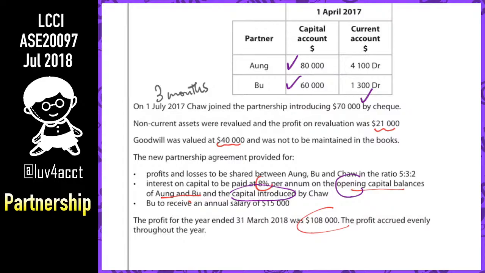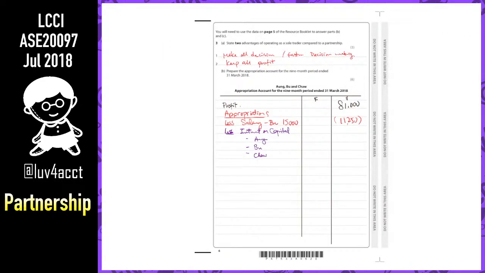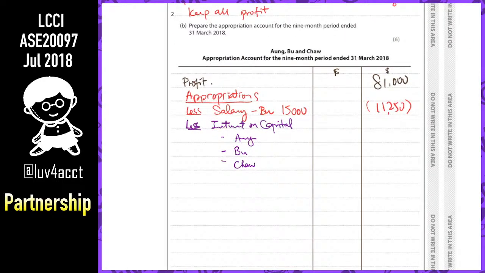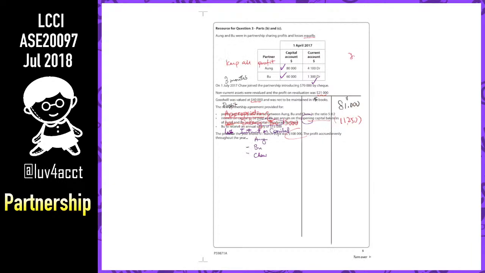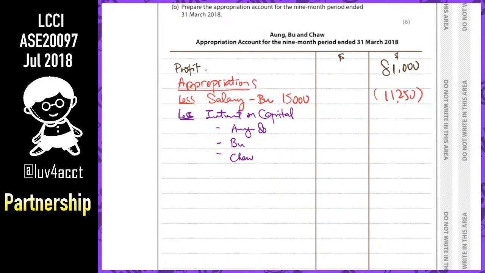Okay, for the preparation of the appropriation account, 8% for 9 months. So let us keep this 80,000, 60,000, and then 70,000. Okay, and then all multiplied by 8%, and then for 9 months.